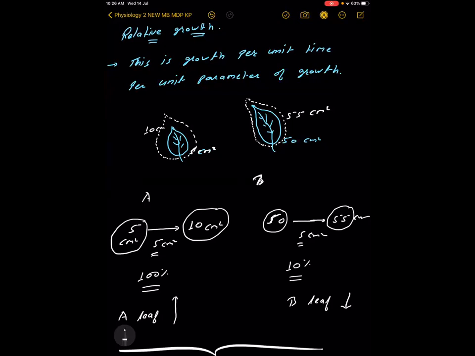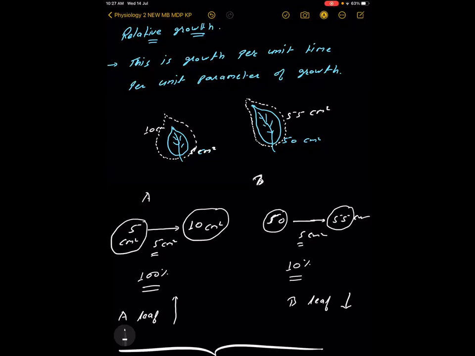They get matured means they perform a specific function. They attain particular size, particular shape, and they start a particular function also. So that is called differentiation. Like primary xylem is formed, and this primary xylem starts ascent of sap and all these things. Fine, that is differentiation, maturation.